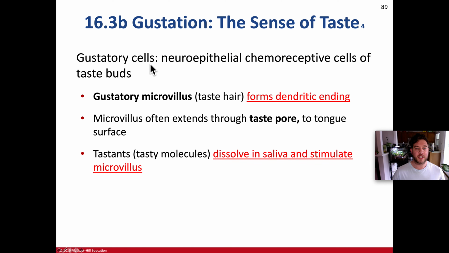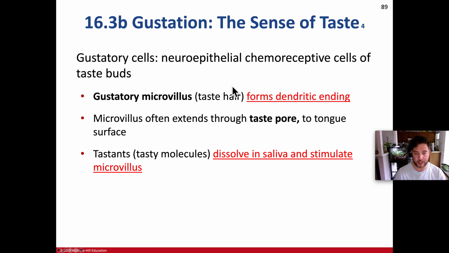Okay, gustatory cells are neuroepithelial chemoreceptive cells of taste buds. A lot of big words, it's okay. Neuroepithelium, all right. We know neuro for nervous system, epithelial for the epithelium. Chemoreceptive, so these are going to be chemical receptive cells. You have gustatory microvilli, taste hairs, that form dendritic endings.